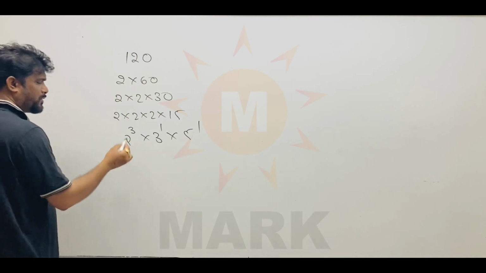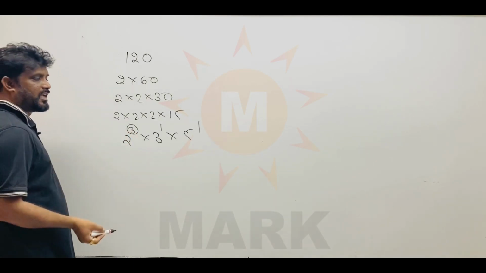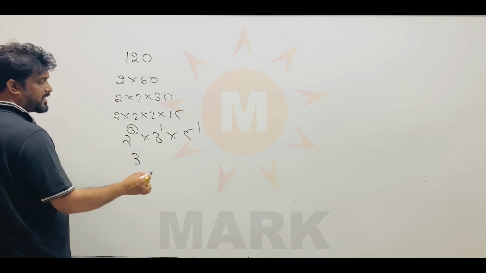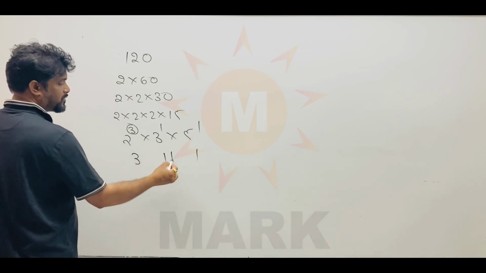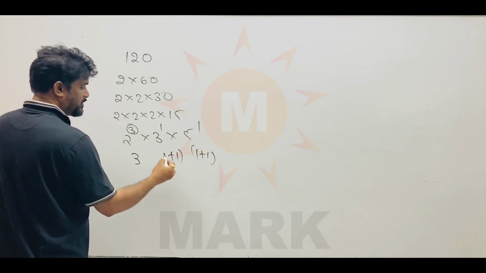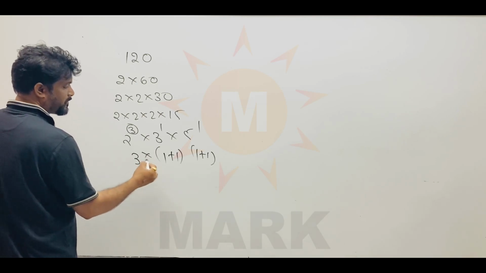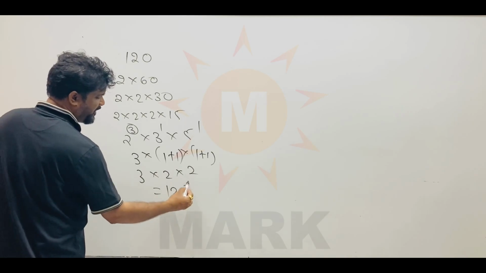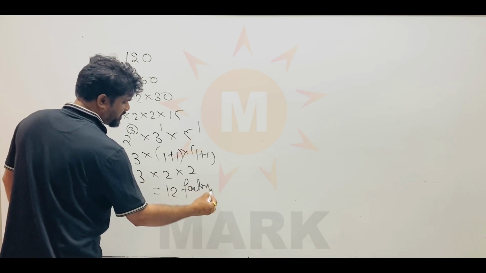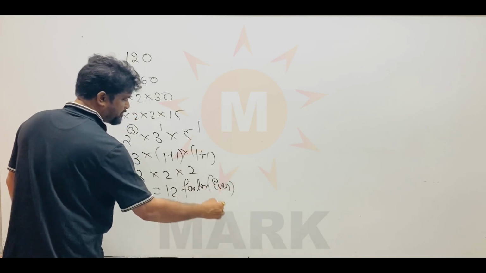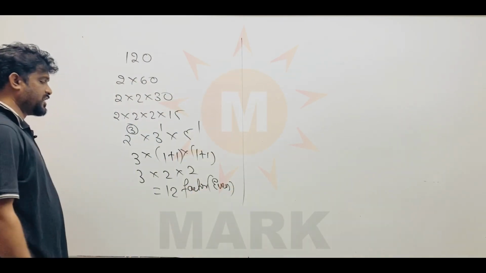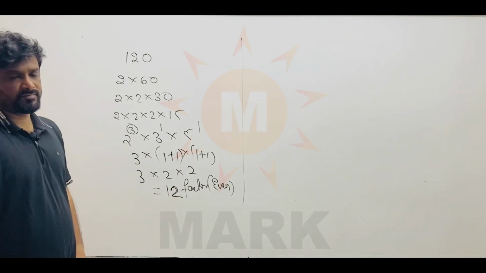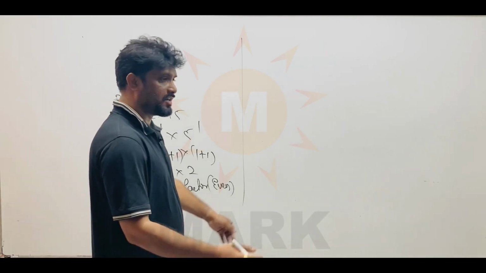For the power of 2, in the even factors we don't add the 2 power 0, so 3 stays as it is. For the others it is 1 plus 1 and 1 plus 1. So 3 into 2 into 2, that means there are 12 factors which are even numbers for 120.